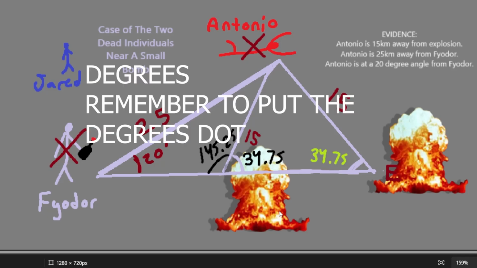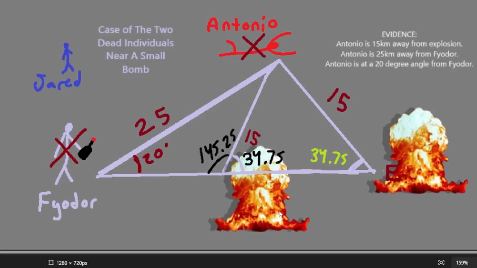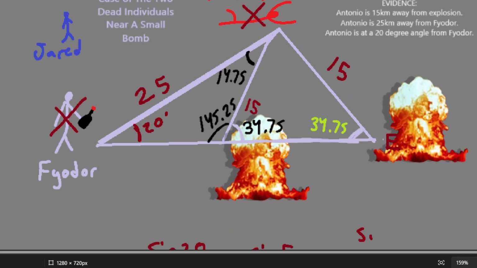That's the new angle we're working with. And we know the angles of this triangle must add up to 180. So we just do 180 minus 20 minus 145.25, and we get an angle of 14.75.